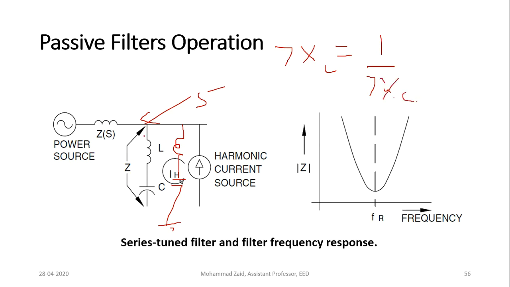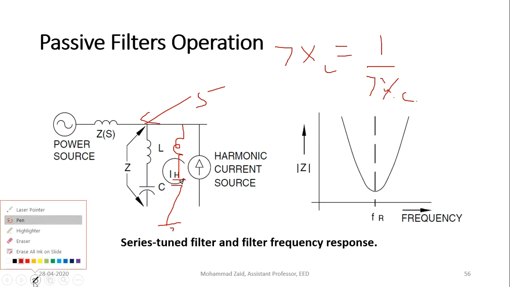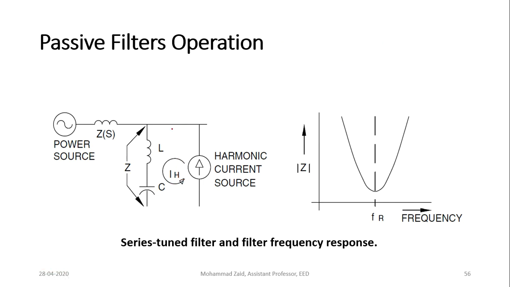So this is the fifth branch, this is for seventh, and similarly you can add different branches for different harmonics, so that whatever predominant harmonic is coming into the system may get eliminated from the system. Okay, so this is how the passive filter works.